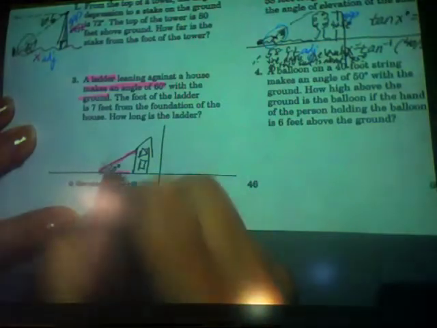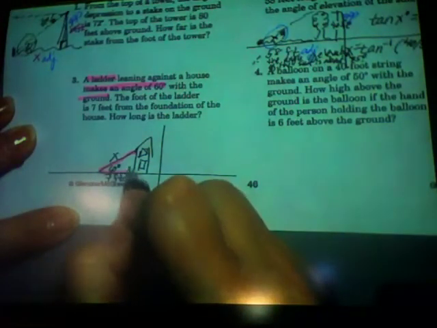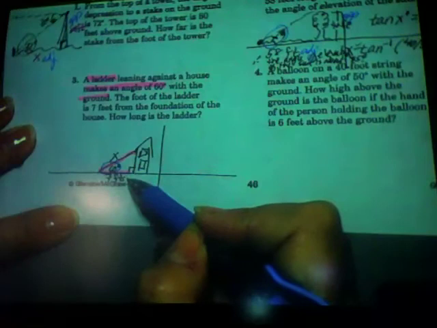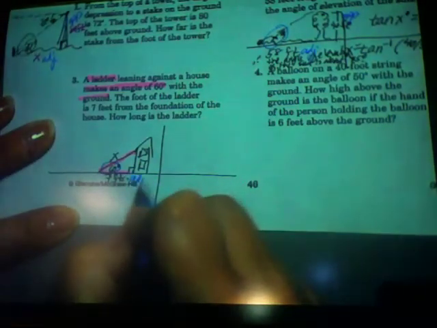So your x has to be placed where the ladder would be. So this should be a right angle of the triangle there. So we're trying to find the hypotenuse of that triangle. So if this is my angle of reference here, what is the 7 feet? Like opposite, like adjacent, or hypotenuse? Adjacent. And this, x, hypotenuse.